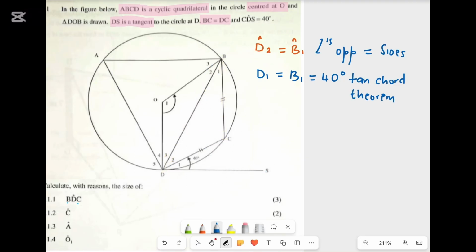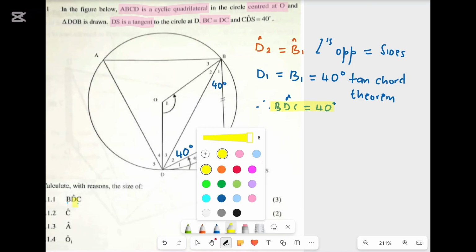We are saying here we have 40 degrees. So we are saying also B1 is 40 degrees. And that means D2 also is 40 degrees. Now you can just say, therefore, angle BDC is 40 degrees. Remember, the question was to calculate the size of angle BDC. So it is 40 degrees.